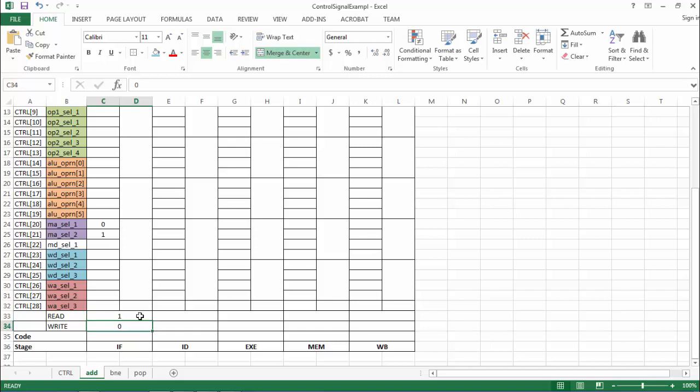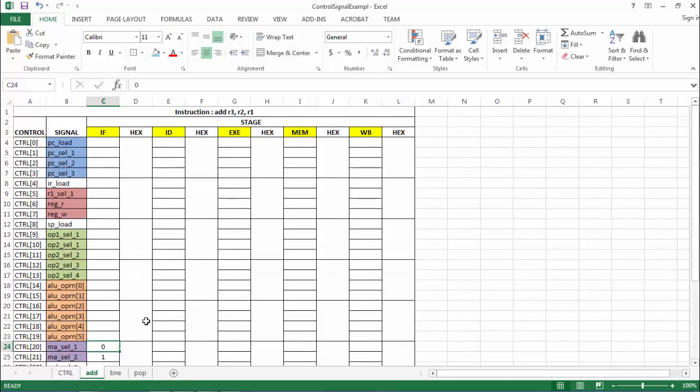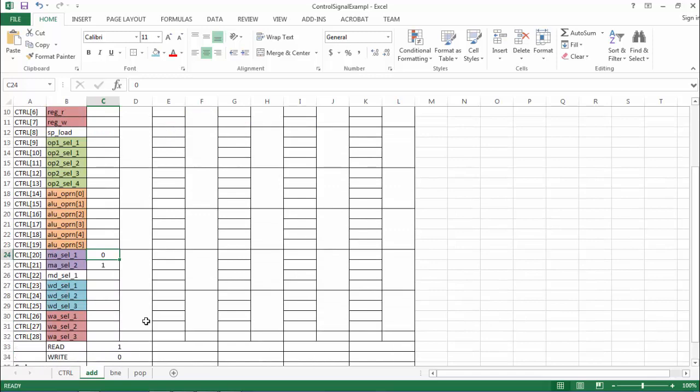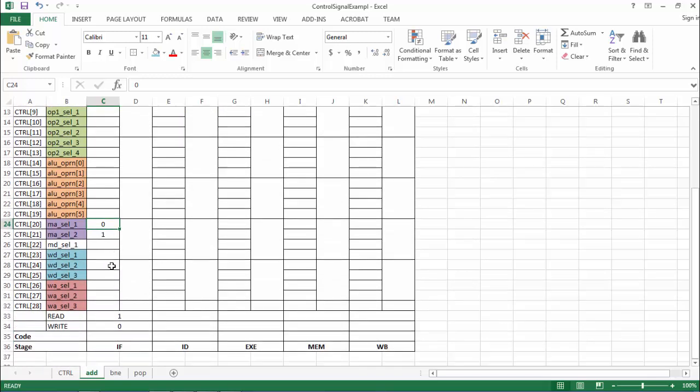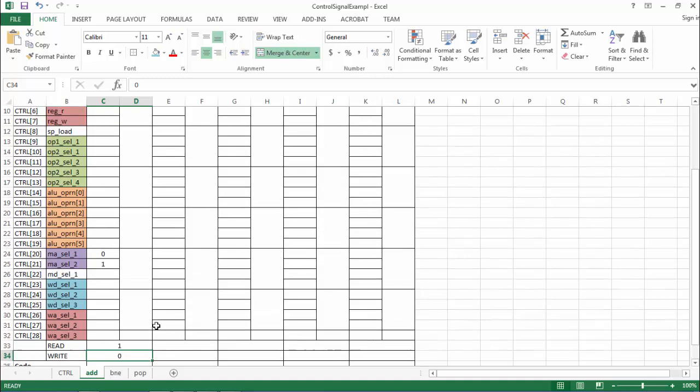So we are reading from the memory, and the address has been selected as PC through this selection, and MA selection 1 was a don't care, so we put a 0 there. So in this phase we read the instruction. Are we caring about anything else? Because the memory is in read, it doesn't matter what data is being read, etc.